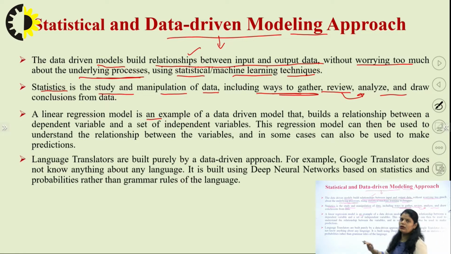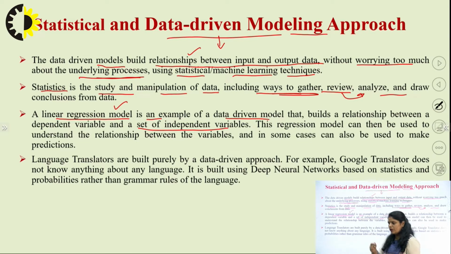Now, we come to the examples. The first example is the linear regression model. Linear regression is a data driven model, and here also we establish the relationship between the dependent and the independent variables.